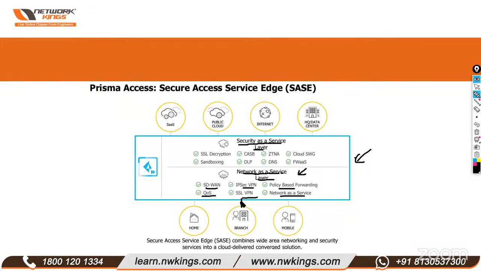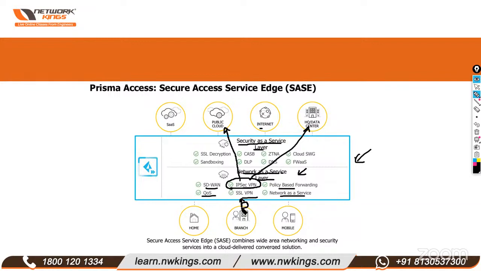Your branches will be directly connected to these services. So if I'm using IPsec, the traffic will be building a connection with your cloud, or let's say to the headquarter. So you will be going through this access.